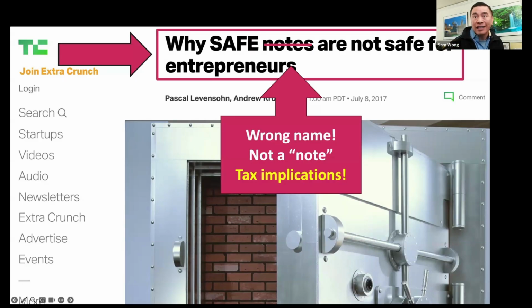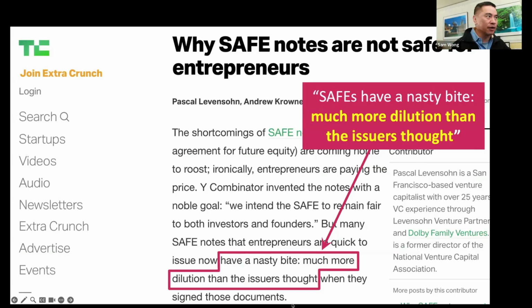A note is a loan. The average person, probably 80% of people out there, refers to safes as safe notes. Notes are loans. Safes are not loans. What you call it will have a small effect on your tax treatment of the safe. So, little sidebar there.